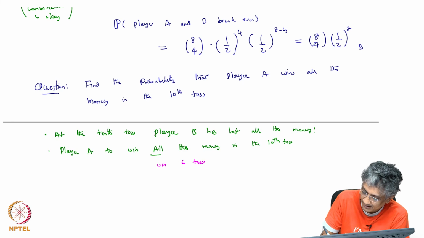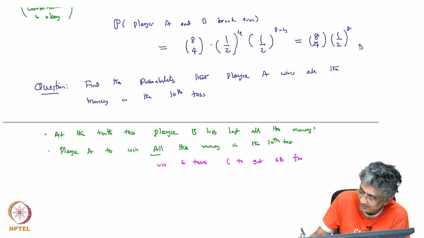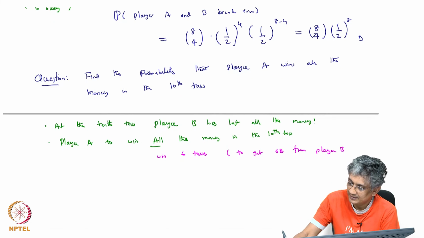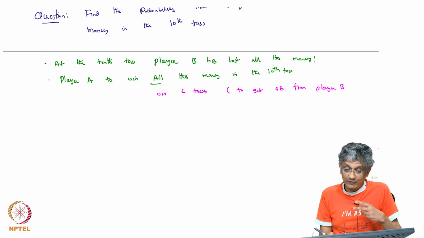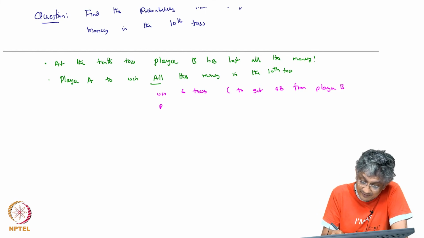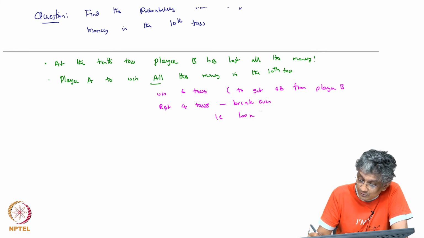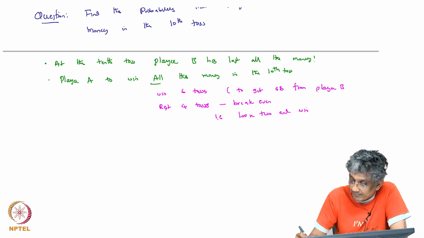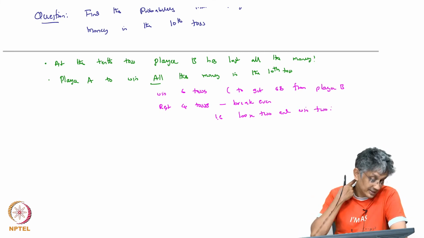Why is this true? To get the 6 rupees from player B. That's important. And then out of the 10 tosses, the other 4 tosses need to break even, that is, lose 2 and win 2. Otherwise you are in trouble.